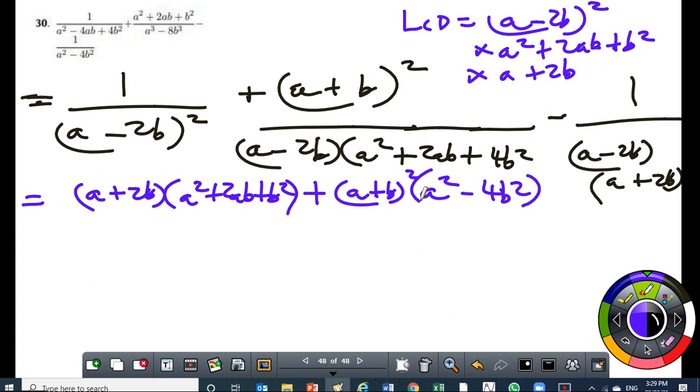Fortunately, the a minus 2b times the trinomial will give me a difference of 2 cubes. All right. Okay. I think you are tired.